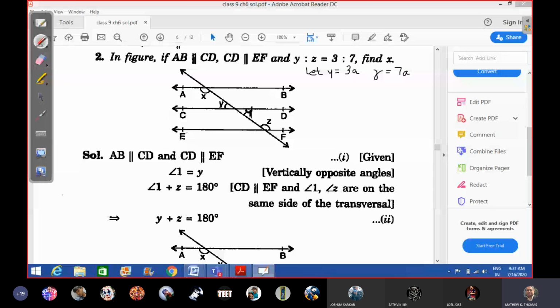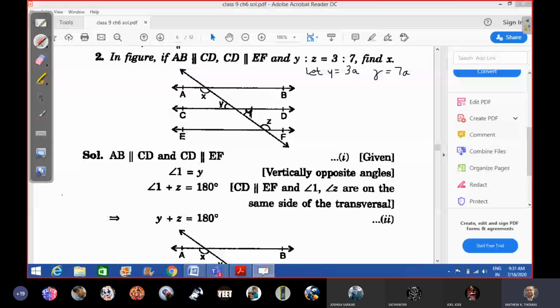Multiply 7 with 18, so what will we get? 126. So we've got the value of y as 54 and the value of z as 7 into 18, 126. So we've got the values of y and z.